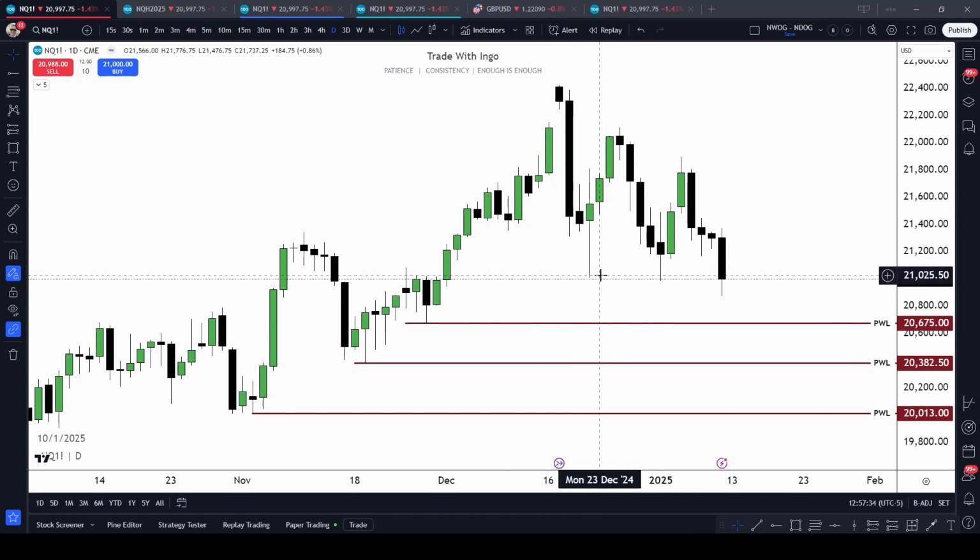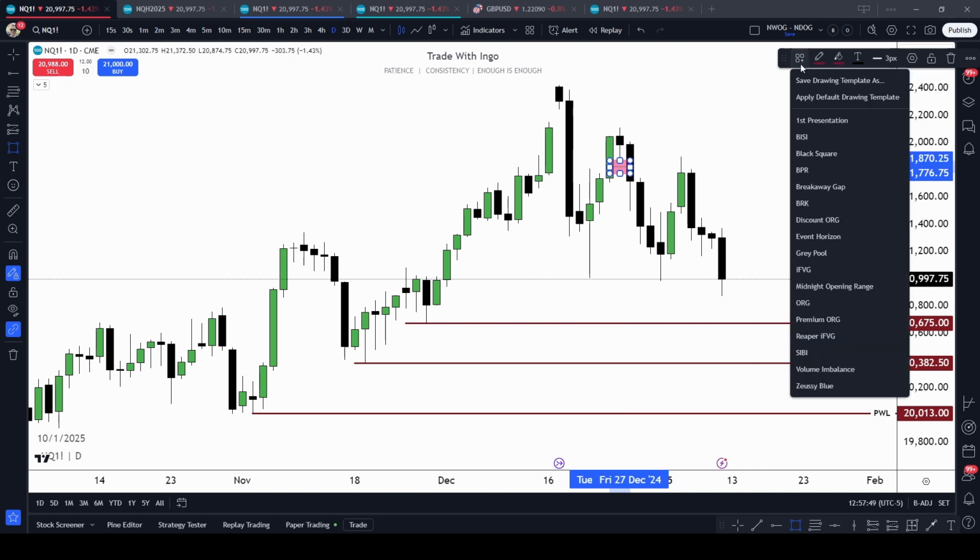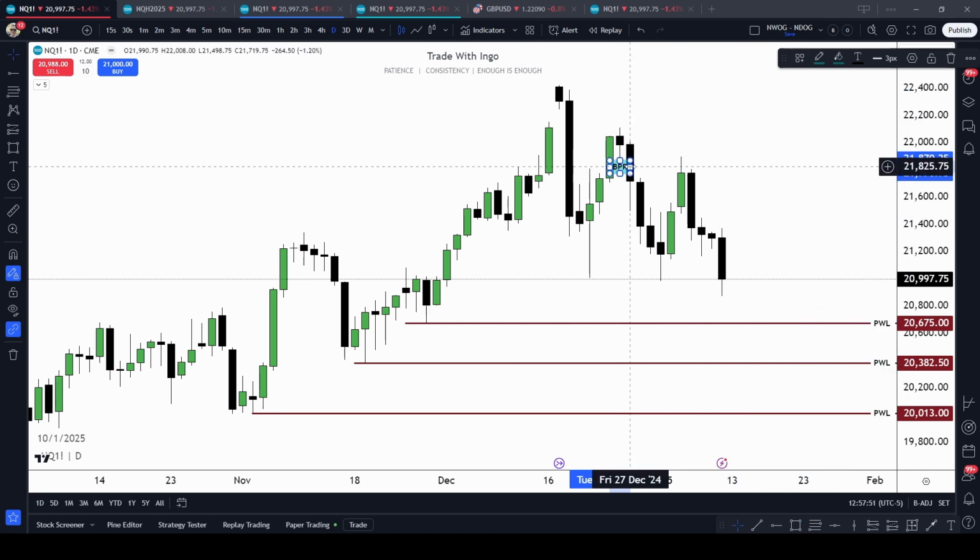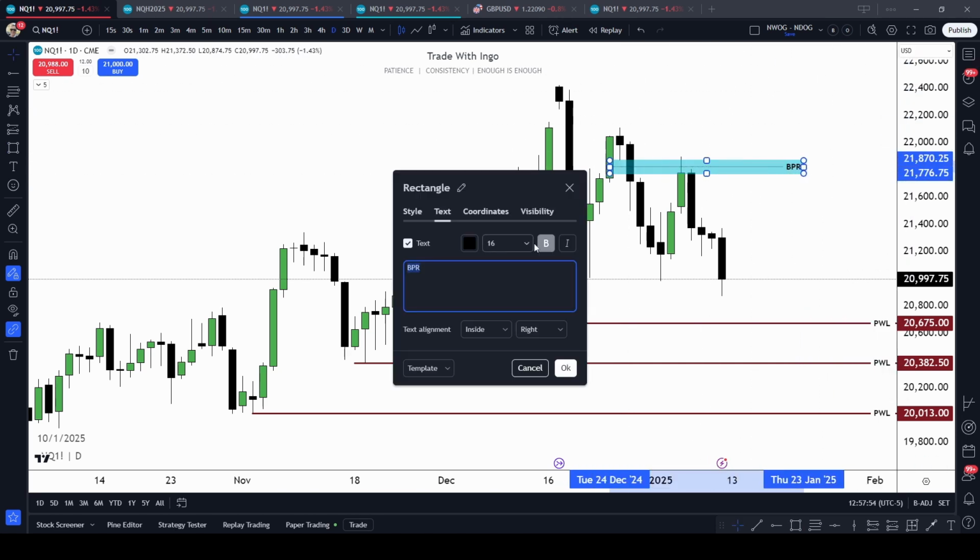We traded down, just swept this low over here, and we went up into this SIBI, this busy, making this a BPR, a balanced price range on the daily chart.